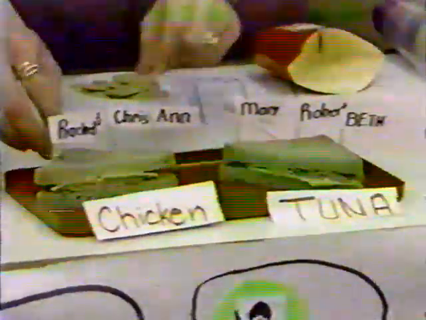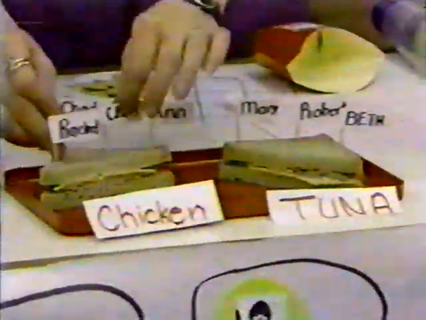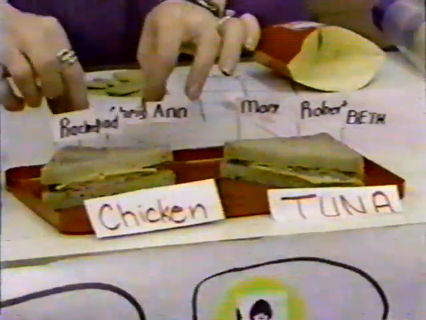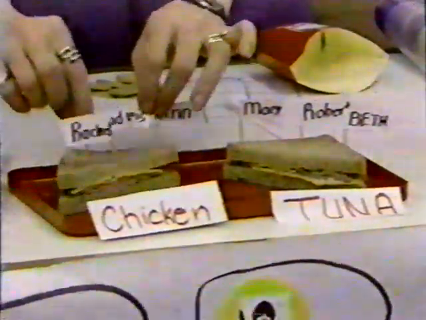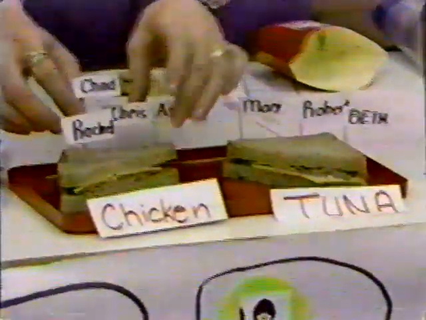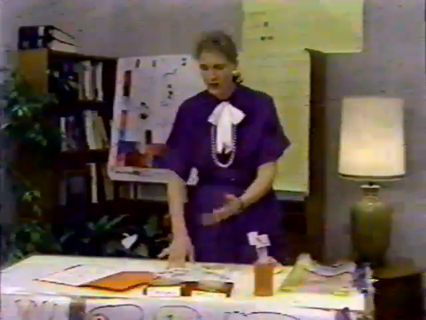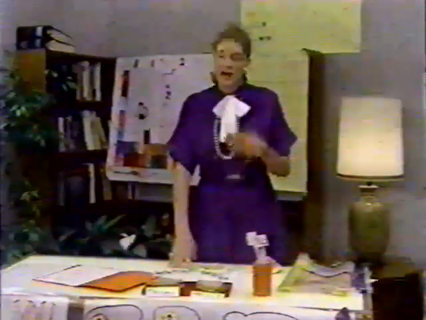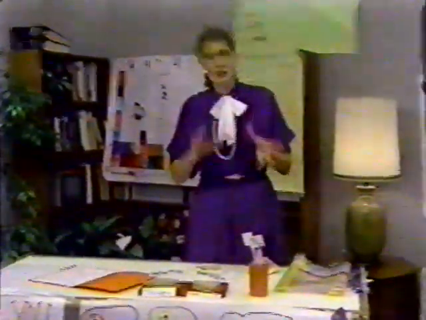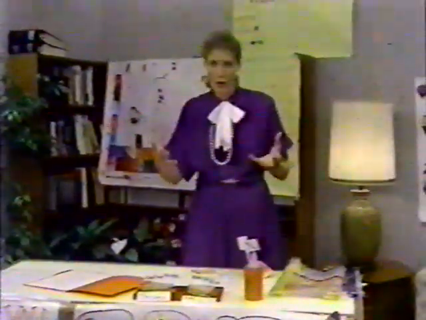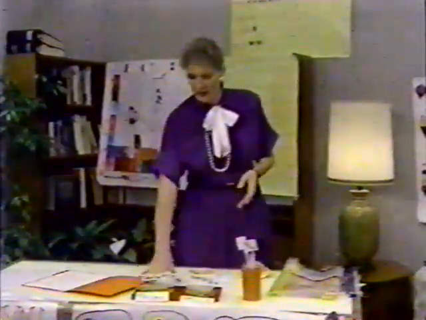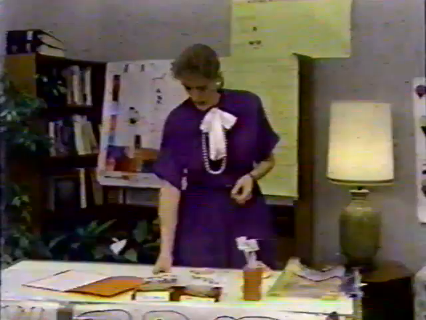Chad liked chicken. And so they can look at this and draw some conclusions about which sandwich is more popular, how many like chicken, how many like tuna, how many more like chicken than like tuna. And so it is a three-dimensional graph. It's not your typical bar graph or your circle graph.